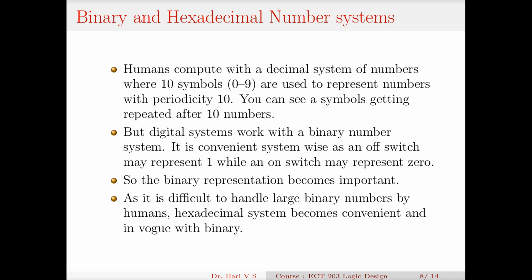A hex number can be remembered by us, and it can easily be converted to binary, so it is very much in vogue with binary. Hexadecimal means its base is 16. So you have symbols from 0 to 15, and they get repeated after 16 numbers.